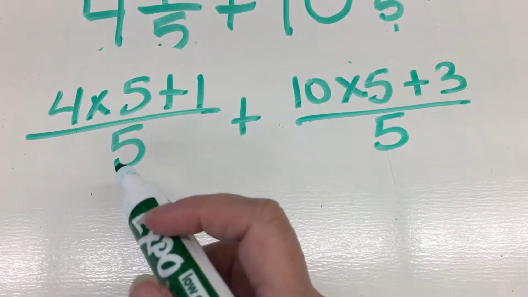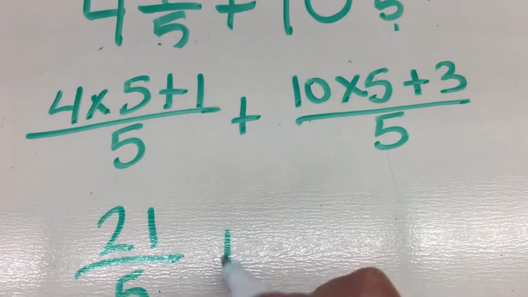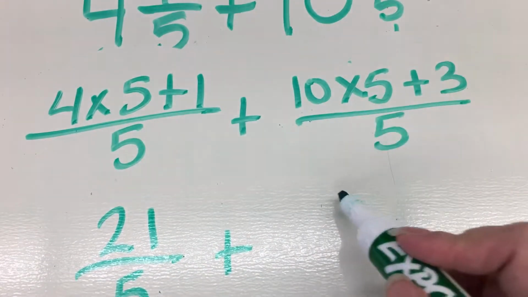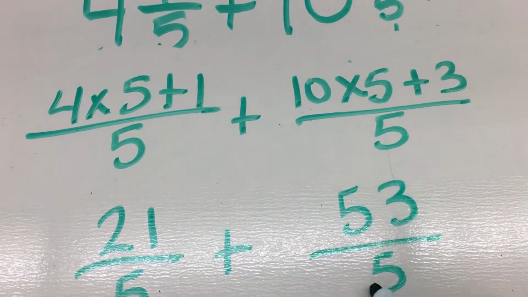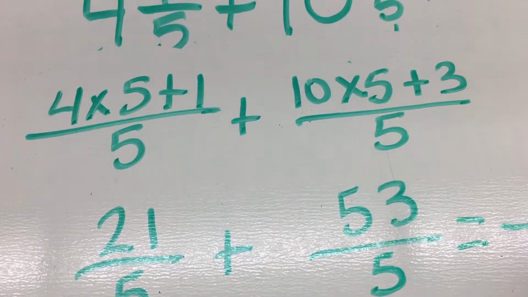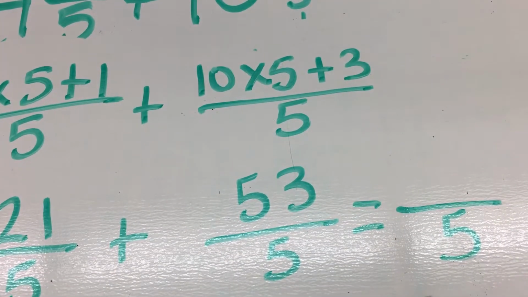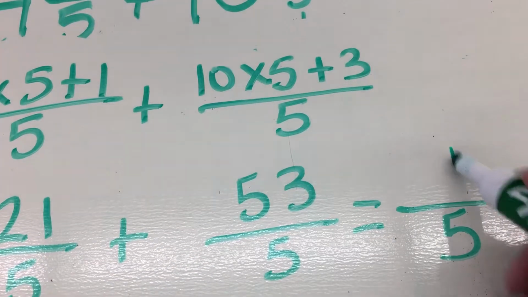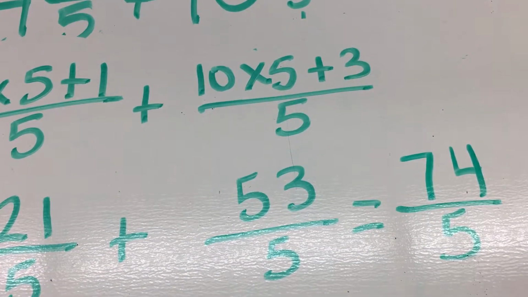And 4 times 5 is 20, plus 1 more is 21/5, plus 10 times 5 is 50, plus 3 more is 53/5. And that gives us, we're still going to have fifths over here. So 21 plus 53, 1 plus 3 is 4, and 2 plus 5 is 7, so 20 plus 50. So we get 74/5.